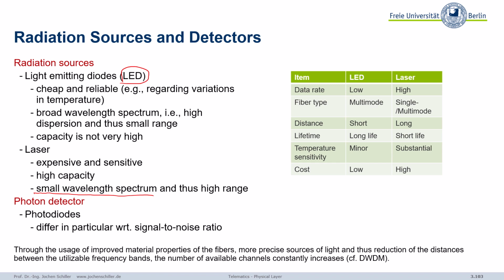But that's a science on its own. That's not the main topic of this course. So we can improve the materials, we can have better light sources, and so on. And if we do all this, we can come to this, and that's the keyword here, dense wavelength division multiplexing. You can look this up on the internet, what you can do there today.